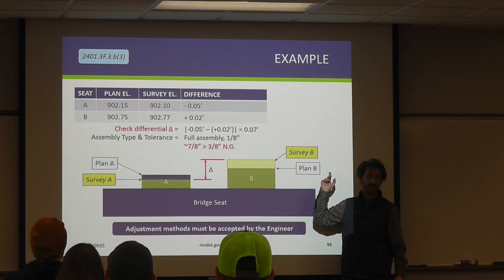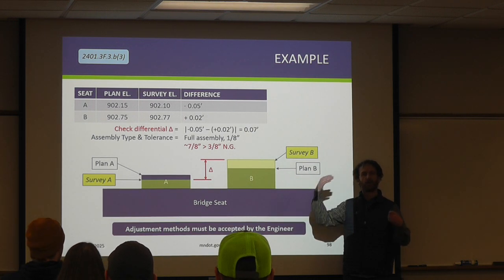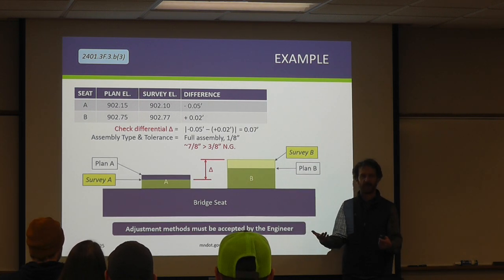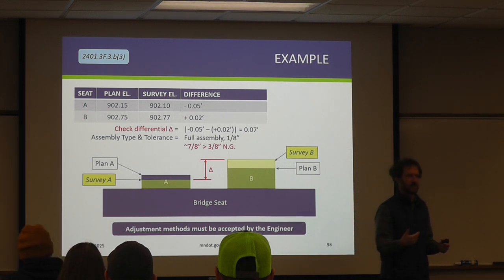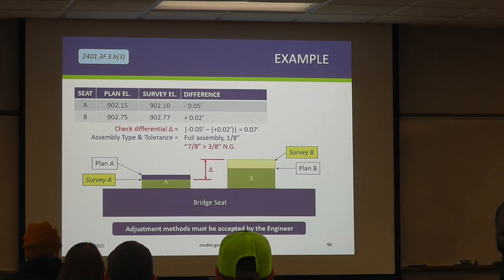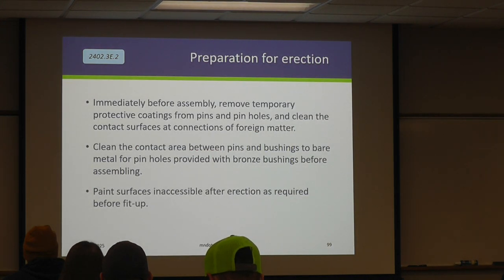That makes sense, right? So it's important to approach this as a plan. That's why we emphasize that the engineer needs to accept this, is we don't want them to necessarily push something else out of tolerance. Okay. Does that make sense to everyone? I mean, you're going to do this on pre-stressed beams too, so this is applicable across the board.